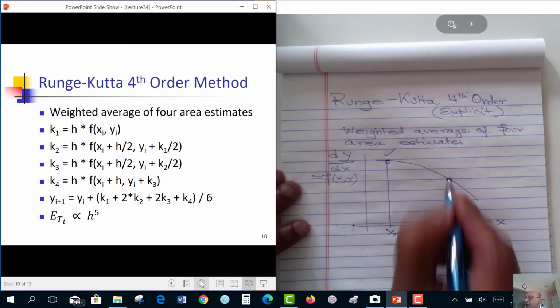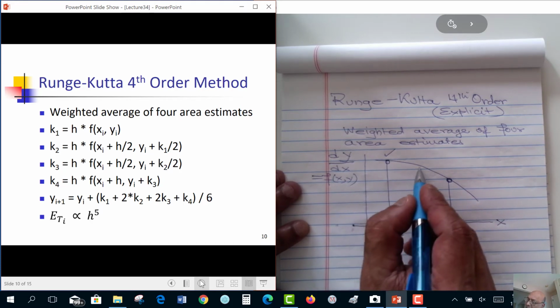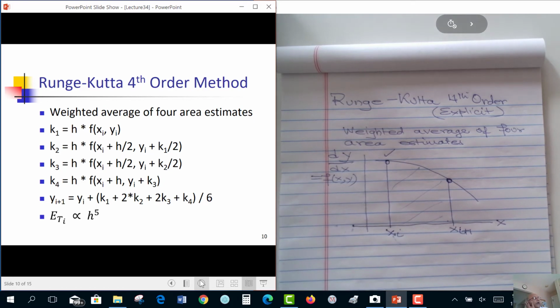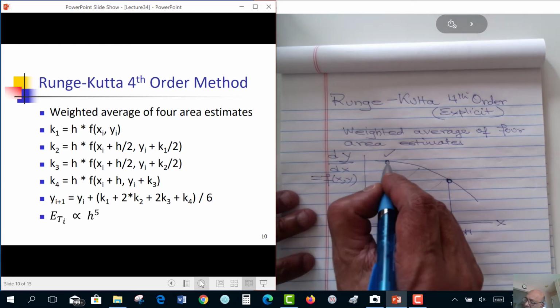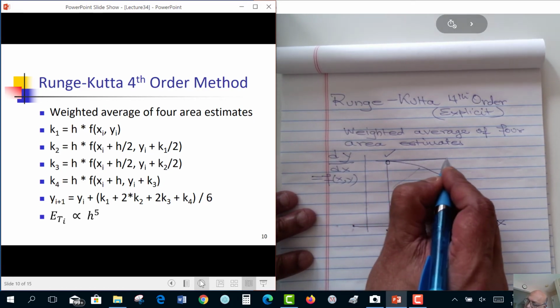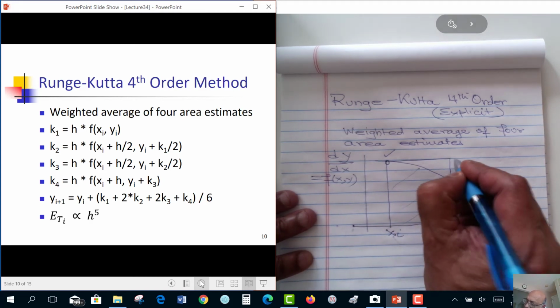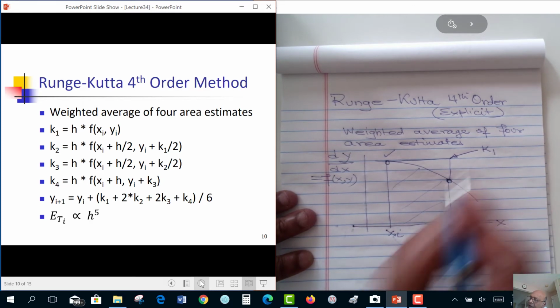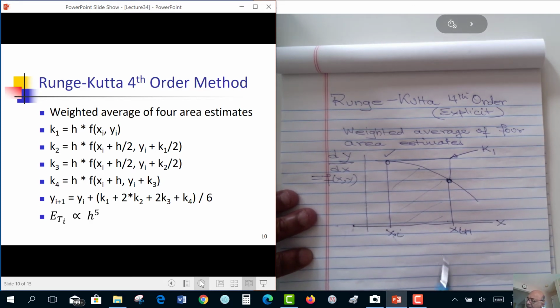Then we will be able to get this value. So we need to find the strip area. So what Runge-Kutta method does is it says, okay, let's use that rectangular area. That is our first estimate. Using this rectangular area, we predict yi plus 1, just like we did in Heun's method.